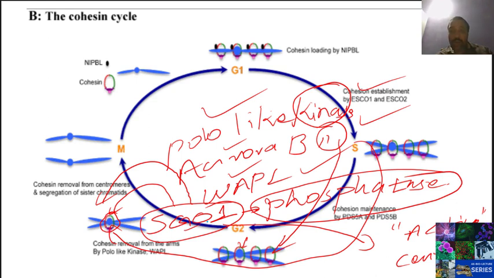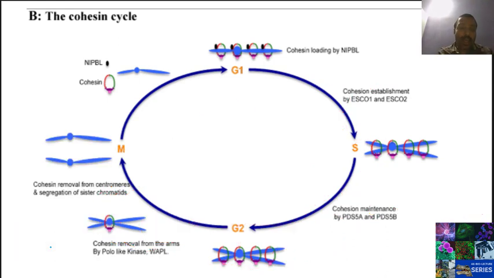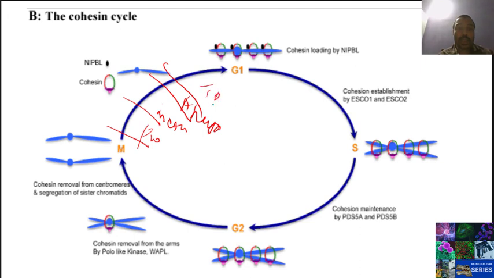So cohesin will hold the sister chromatids at the centromere region till anaphase. So here it is prophase, this is metaphase, this is anaphase, and this is telophase, isn't it?